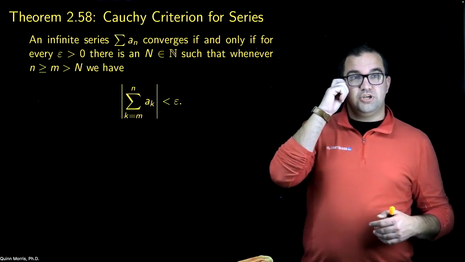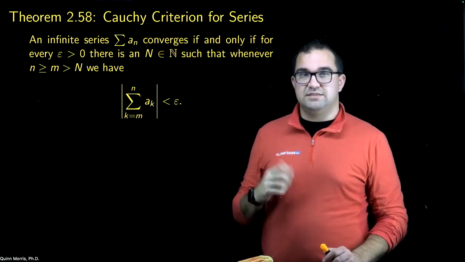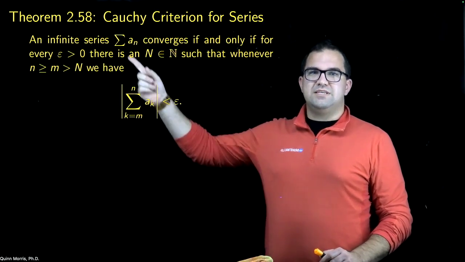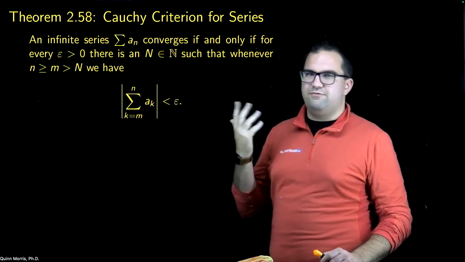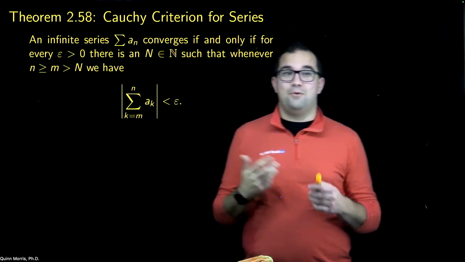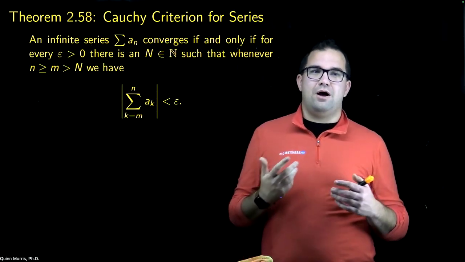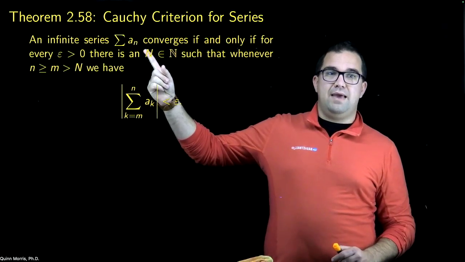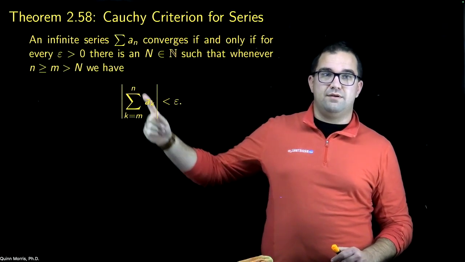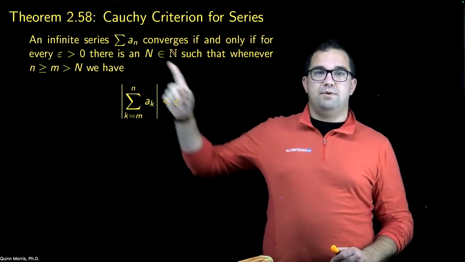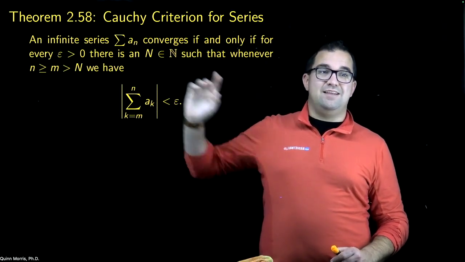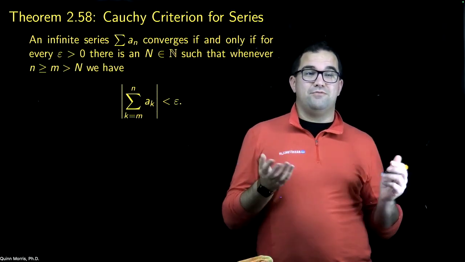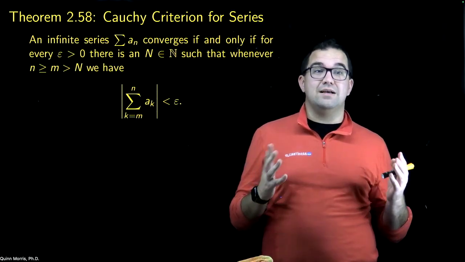So this Cauchy criterion for series is a theorem which says that an infinite series, and notice here, it sort of doesn't matter what we're indexing with respect to, I'll normally just write a generic series here. When the indices are important, I will denote that, but otherwise, if I just say an infinite series and don't put any indices, you just assume it has an infinite number of terms and that it doesn't matter where I start at.